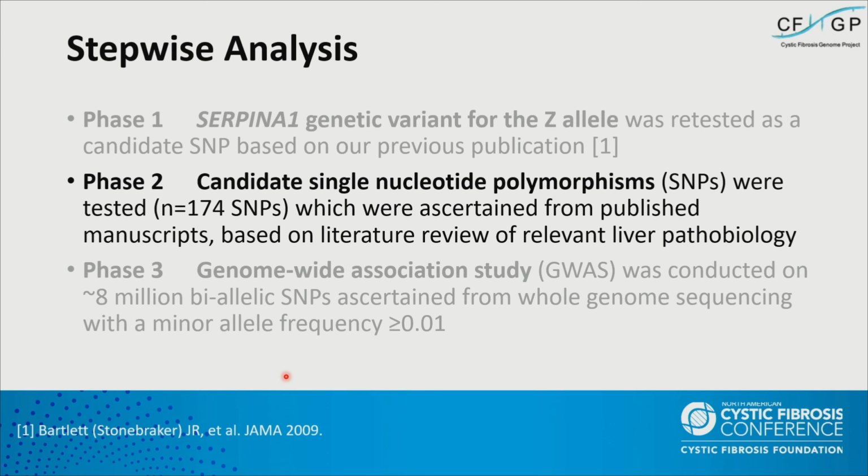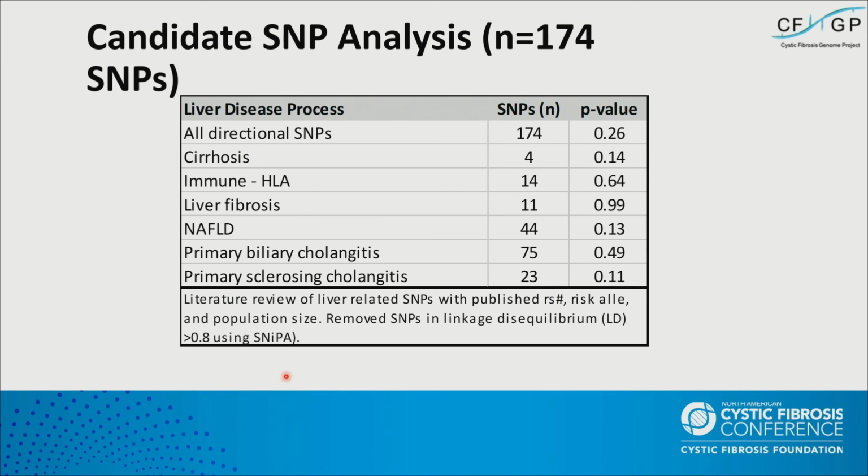And maybe we'll learn something about this before we do a whole genome sequence and GWAS analysis. And we were surprised to find that of 174 SNPs in which we could say the direction of effect, that is, which variant was increased risk, none of those 6 categories of liver disease showed up anything, nor if you looked at all the SNPs together.